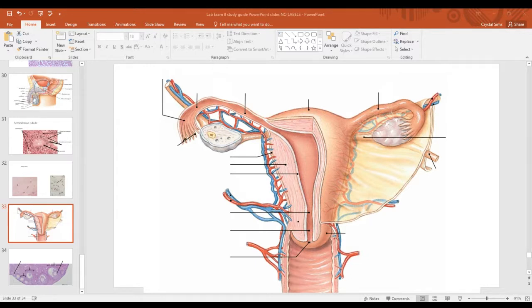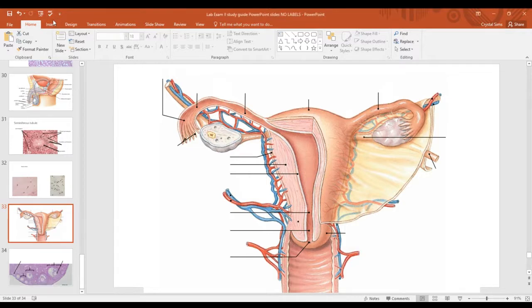They're not all the way at the edge, but a little bit in. And then next are the secondary spermatocytes. They're a little bit closer to the lumen.